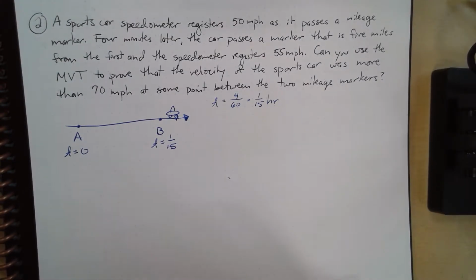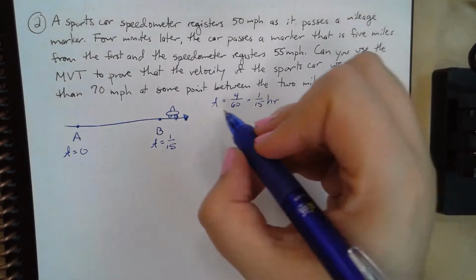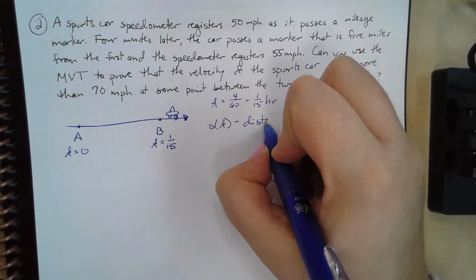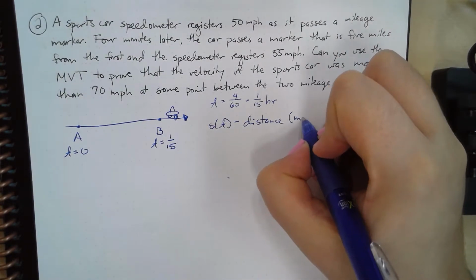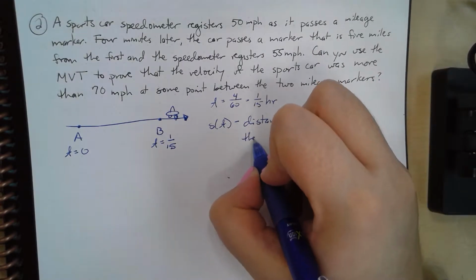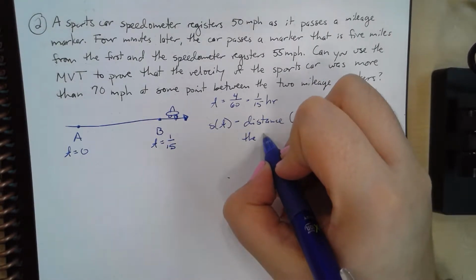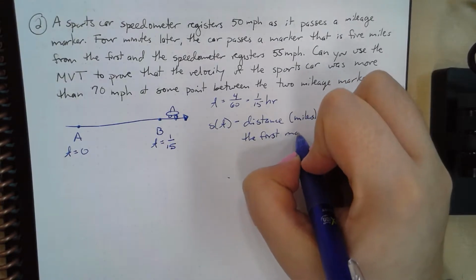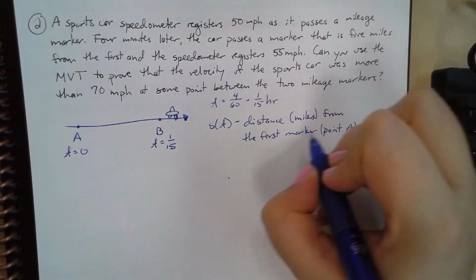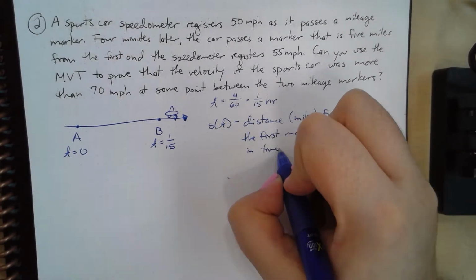Okay. And then our distance from the first marker at time t is our s of t. So s of t is our distance in miles from the first marker, or you could just say point A, in time t.